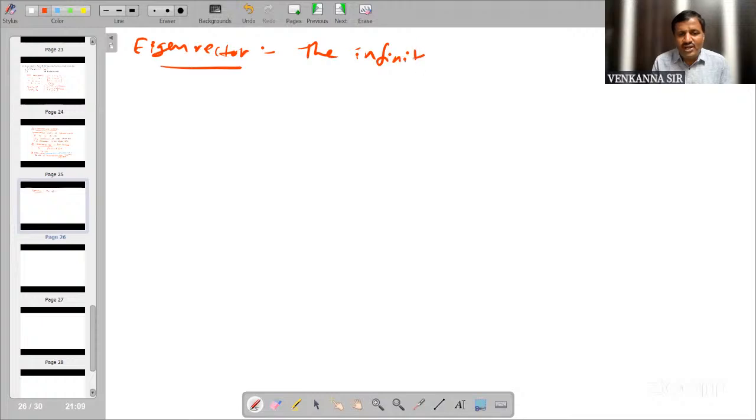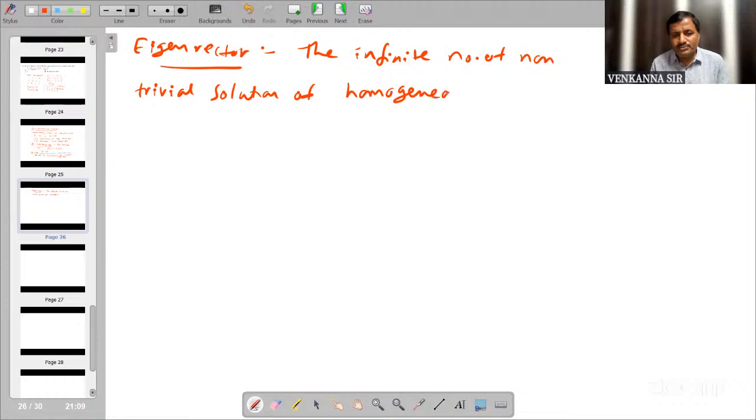Eigenvector: the infinite number of non-trivial solutions of the homogeneous equation A minus lambda I into x equal to 0.